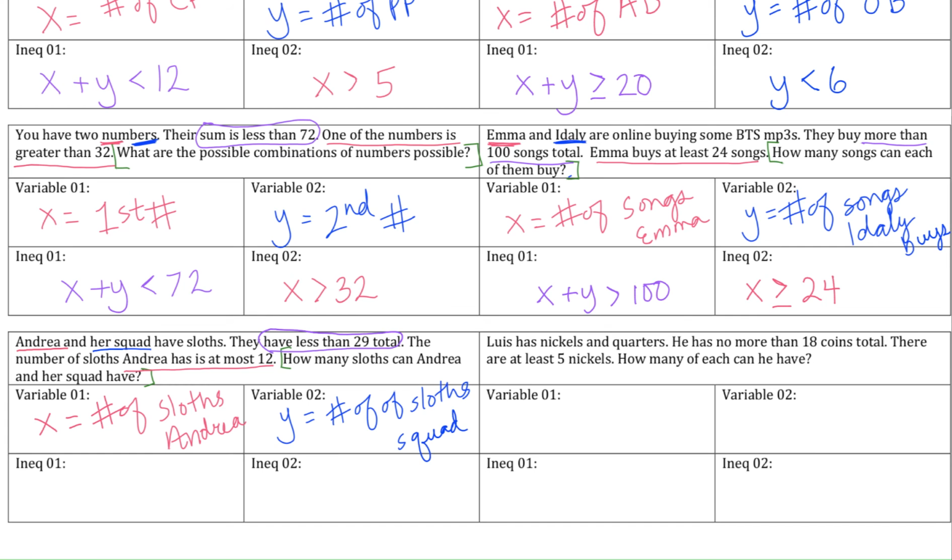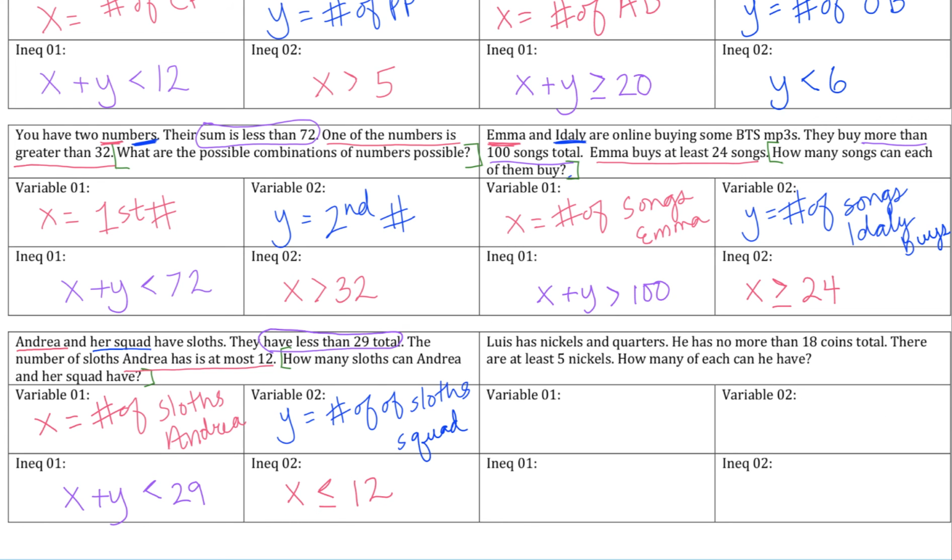It says they have less than 29 total, so if you combine the number of sloths Andrea and her squad have, it will be less than 29. It also says the number of sloths Andrea has is at most 12. So at most, she has 12. She can have less than or equal to 12.